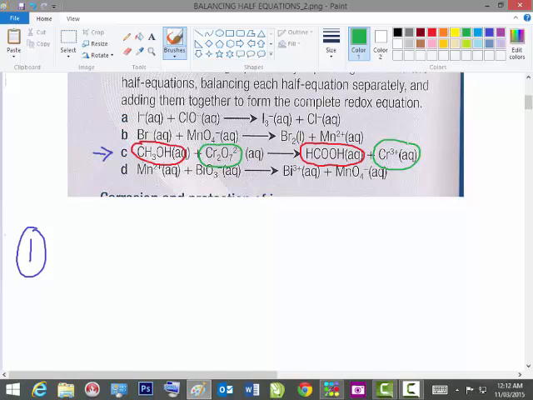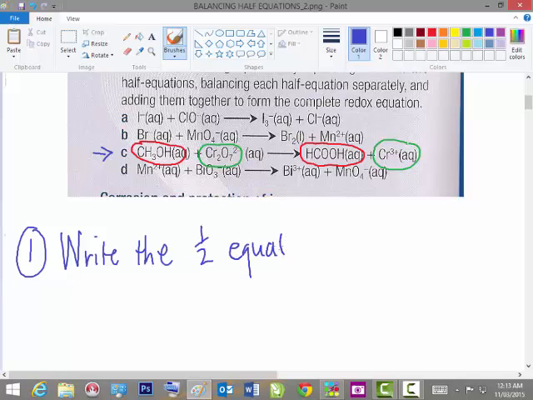You've got to find that common element. Right, so that's the first step. The first step is to identify or write the half equations, the two half equations, right?